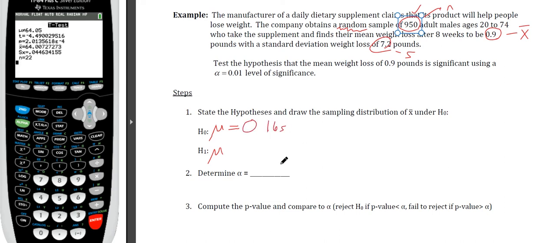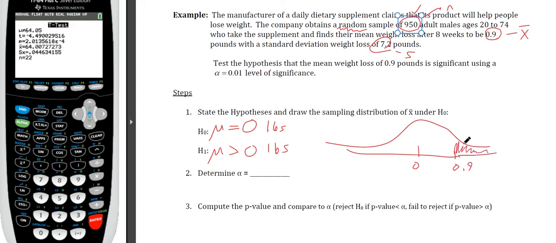So that's going to be our null hypothesis, is that the amount of weight loss is 0. However, we want to show that 0.9 is more than that. We want to show that the amount of weight loss is actually more than 0 pounds. So that's what we're trying to show. So something akin to the standard normal, with 0 being here, 0.9 being above that, and we're trying to find the p-value associated.